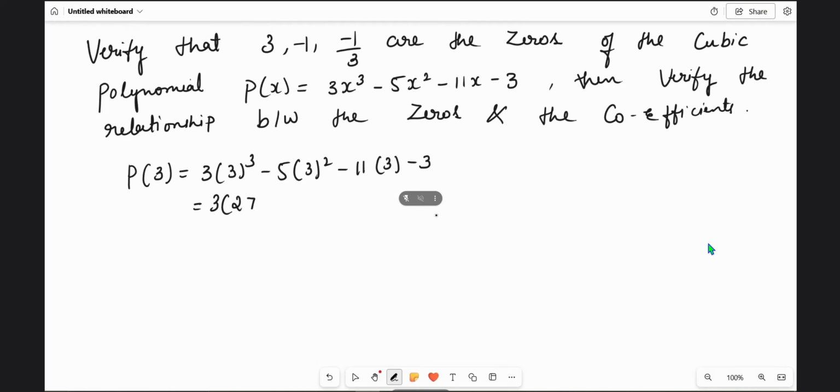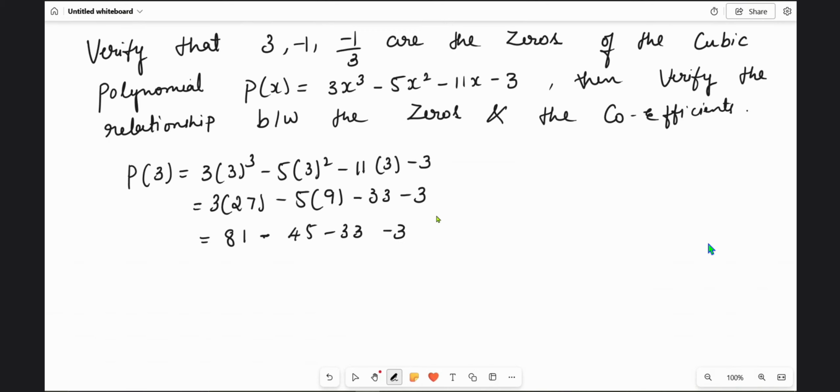So here it is 27 minus 5 into 9 minus 11 into 3, 33, minus 3. So what you will get? 3 into 27, 81, minus 5 into 9, 45, minus 33 minus 3.